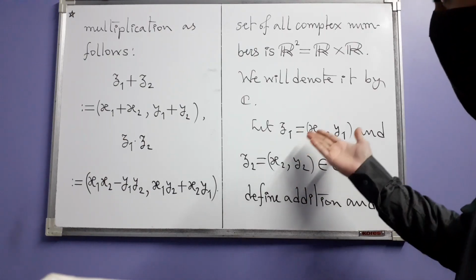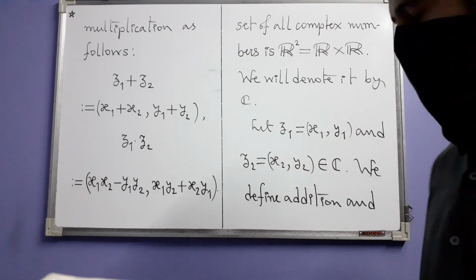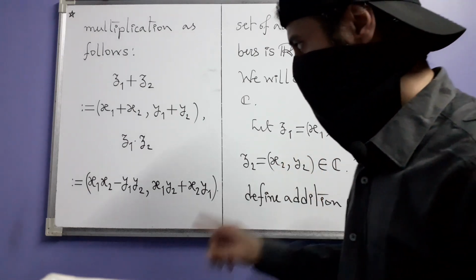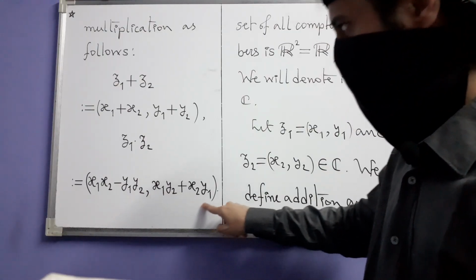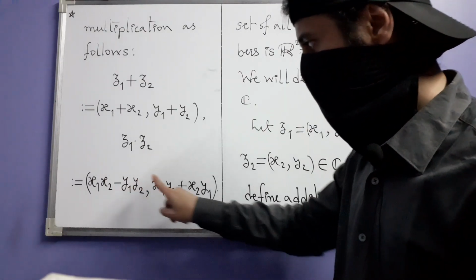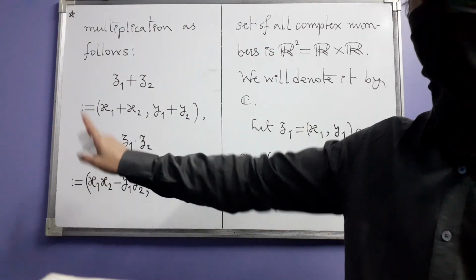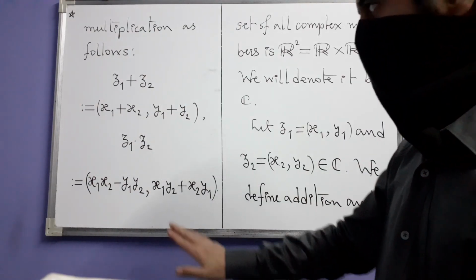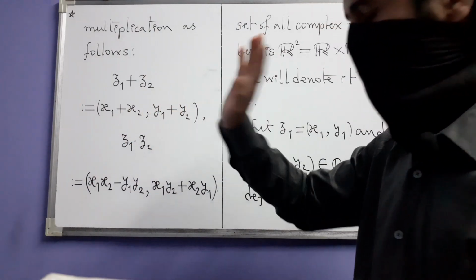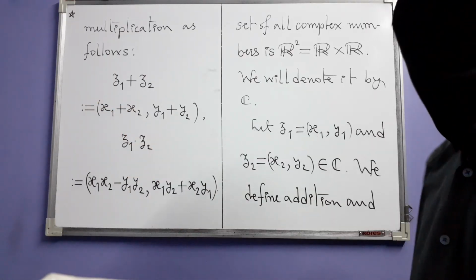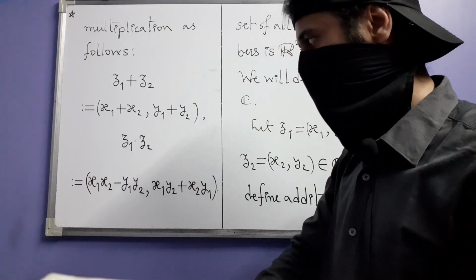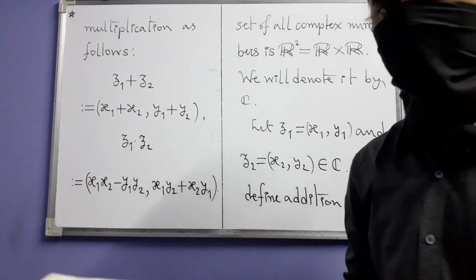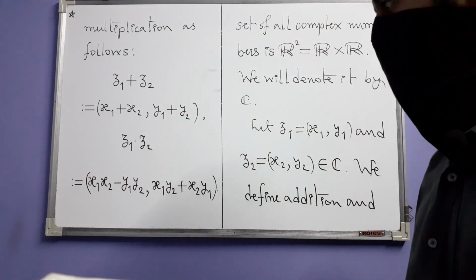So obviously again x1, y1, x2, y2 are unique. So because of that, this is again a unique real number and this is a unique real number. These real and imaginary parts of the product are not as easy as this, which are just sums. Here you have multiplication of real numbers, difference of real numbers, all those things are there.